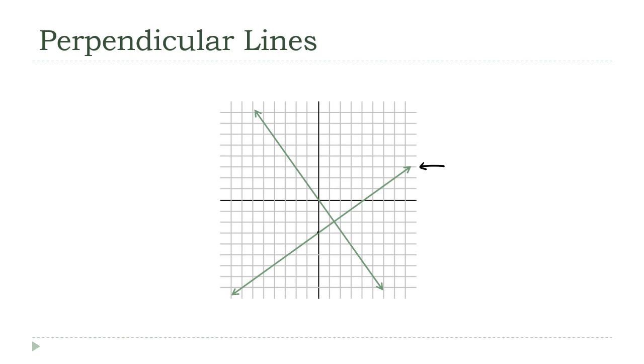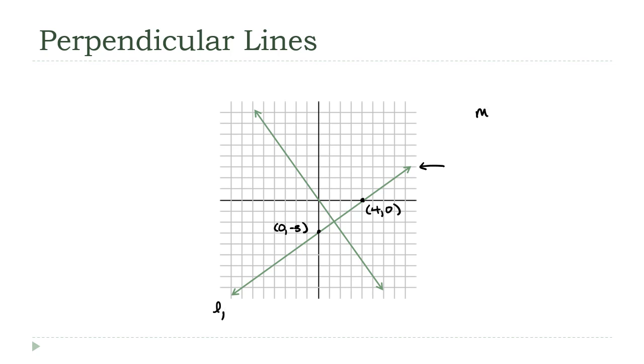Right, so I see that it's going through this point and this point. All right, so the lower one here, this is (0, -3). This one over here is (4, 0). So let's call this line 1.